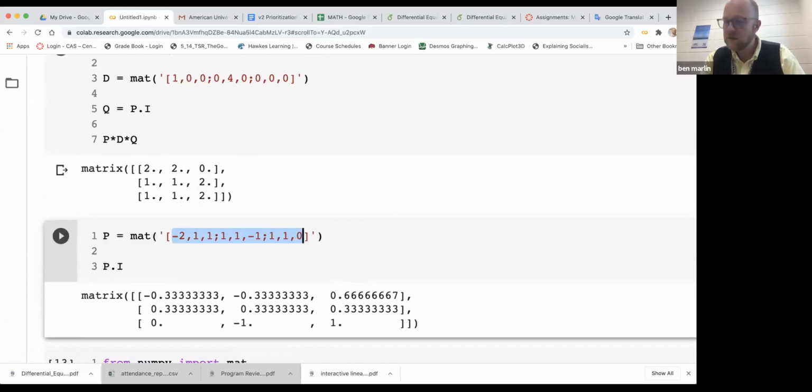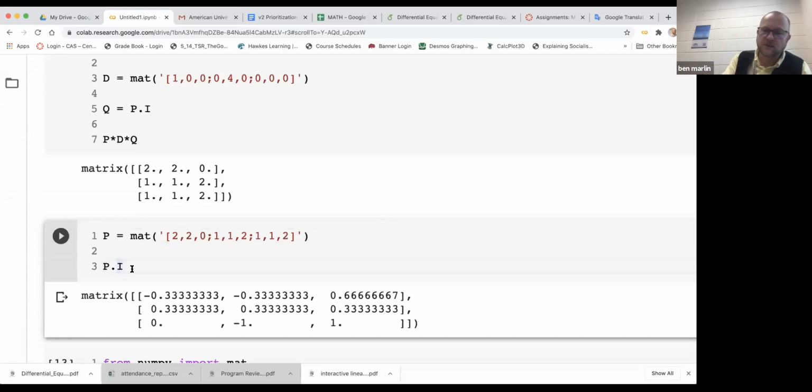Not quite. 2, 2, 0, 1, 1, 2, 1, 1, 2. Okay. I am going to input that as my matrix P, and that matrix constructor has this nice feature to it that you just say P dot I. I don't like that notation, but P dot I, it will give you the inverse of your matrix.